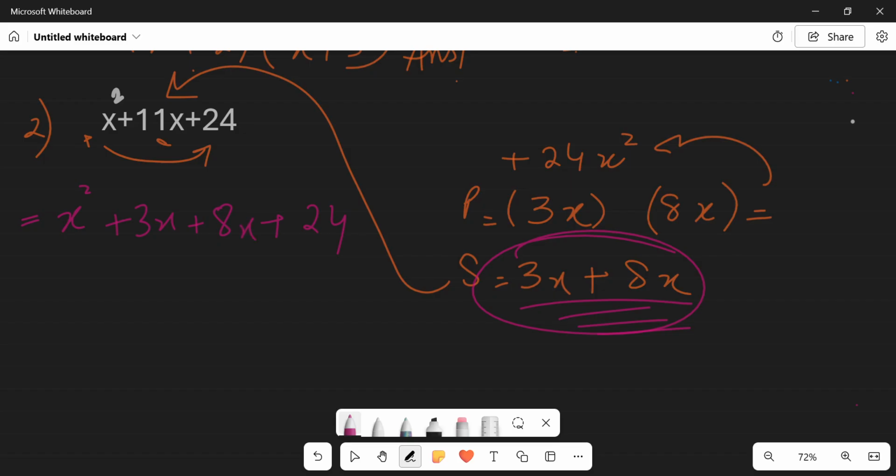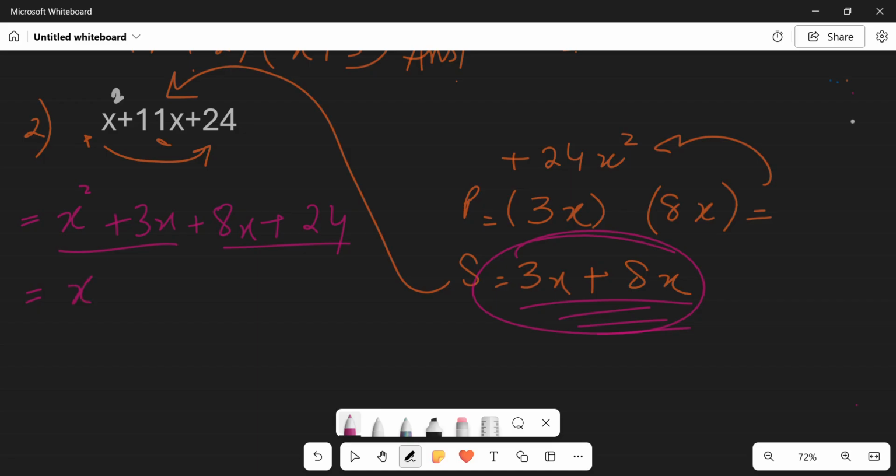Okay, now after splitting the middle term, what do we need to do? We need to make pairs, right? So the first pair and the second pair.